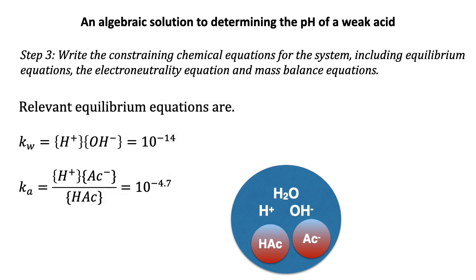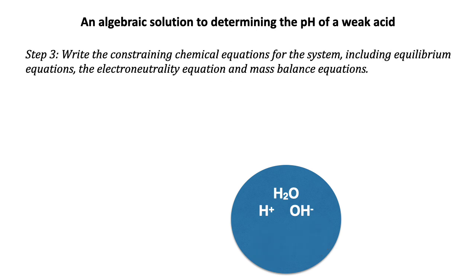These will be the acid equilibrium constant for water, H+ times OH- equal to 10 to the minus 14, and the acid equilibrium constant for the vinegar, which is H+ times the conjugate base AC- over the protonated acid HAC, and that has a constant value for vinegar of 10 to the minus 4.7 at standard temperature and pressure.